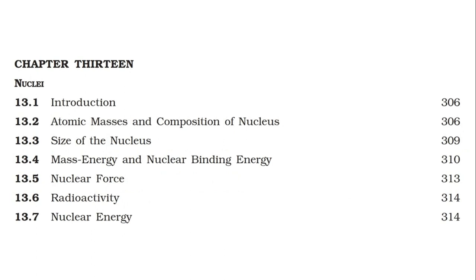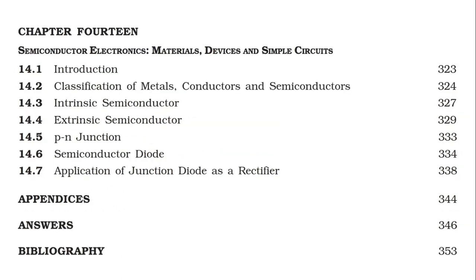Introduction, atomic mass and composition of nucleus, size of the nucleus, mass-energy and nuclear binding energy, nuclear force, radioactivity, nuclear energy. Total 7 subtopics. Next and last chapter, chapter 14, semiconductor electronics: materials, devices and simple circuits.